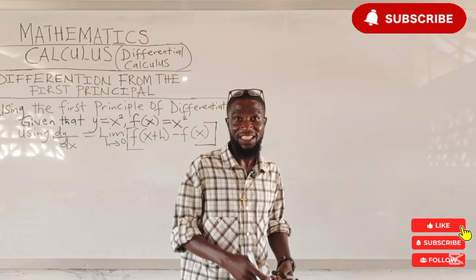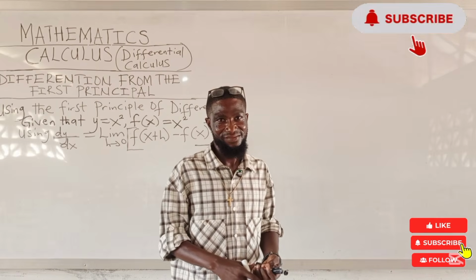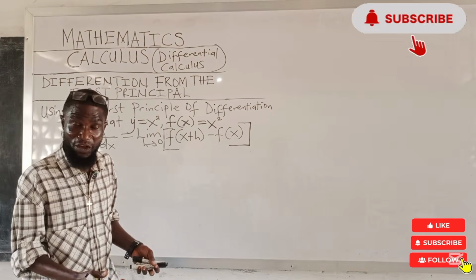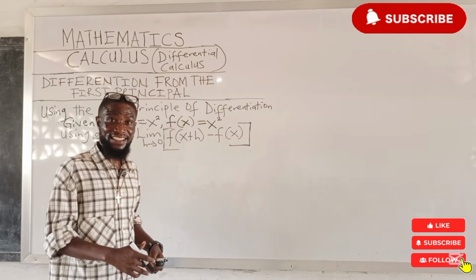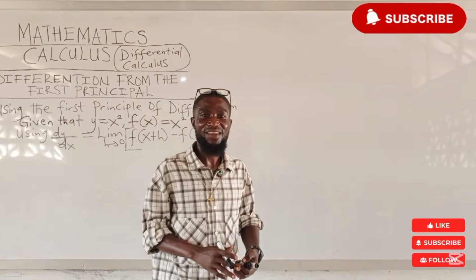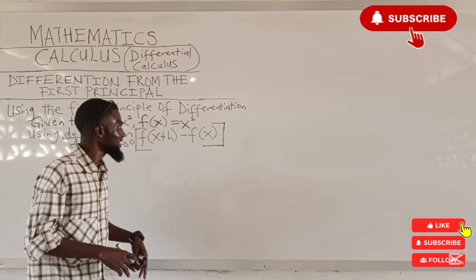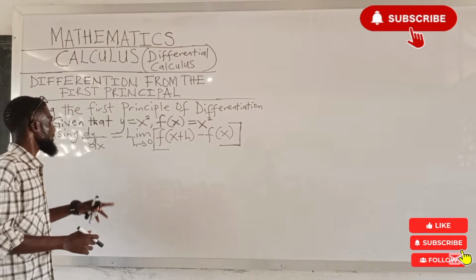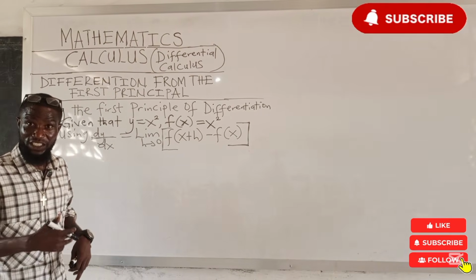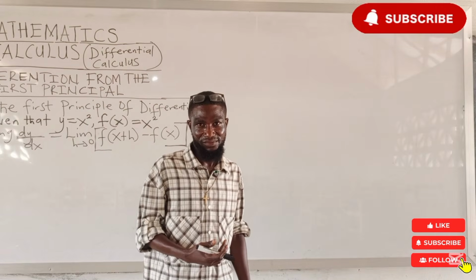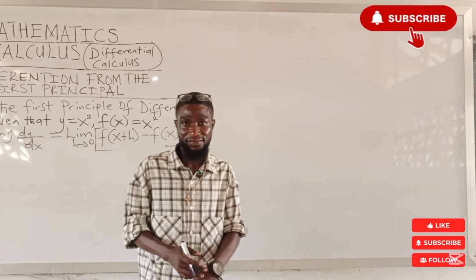While Isaac Barrow, Sir Isaac Newton's teacher, made a contribution using the first principle of differentiation in the years 1630 to 1677. However, ladies and gentlemen, those mathematicians introduced the first principle of differentiation to determine the maximum and the minimum of functions of a curve.